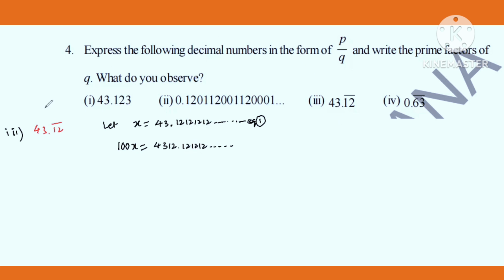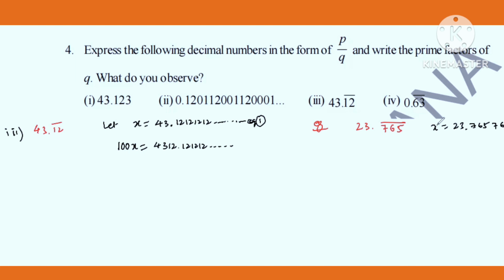For example, I'm taking one more example. The question is 23.765 bar. In that case we let x equal to 23.765 bar. This one we take as equation 1.